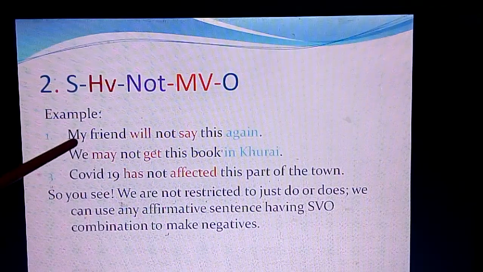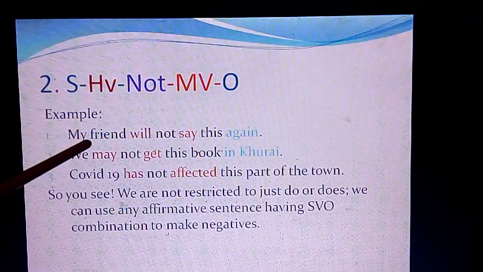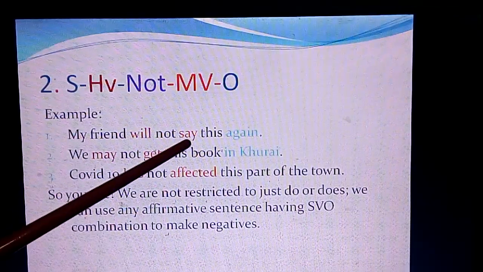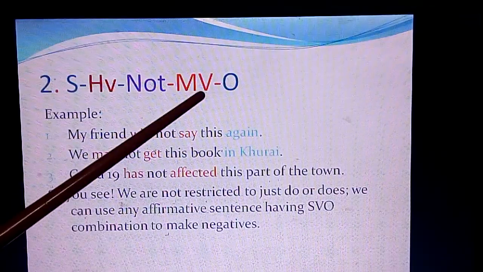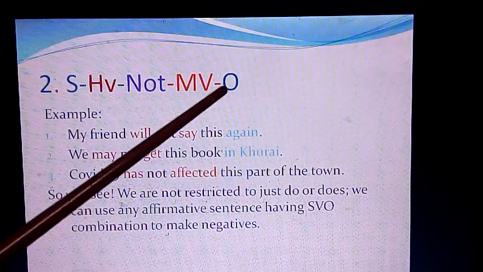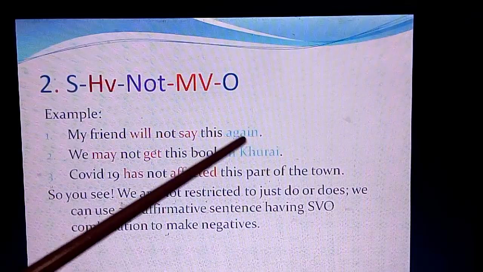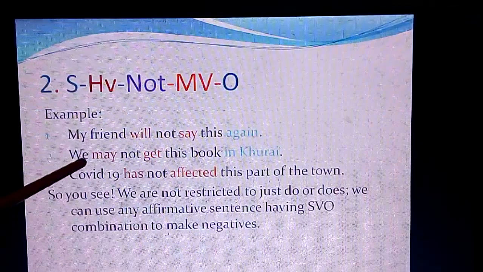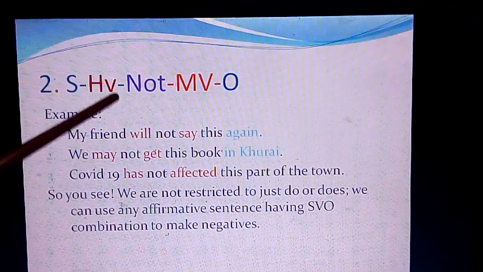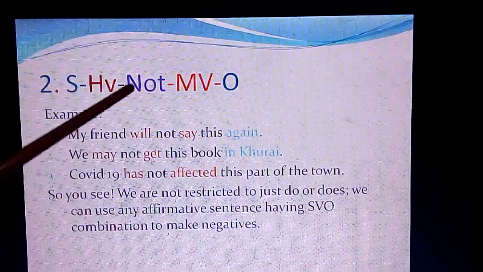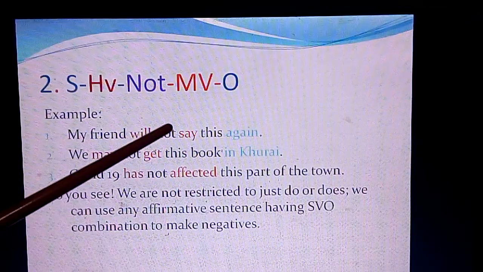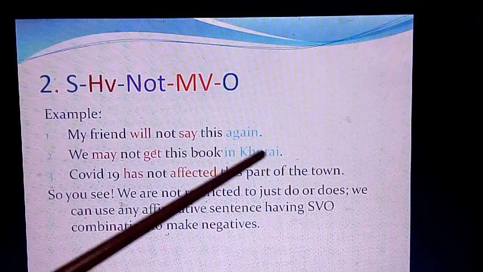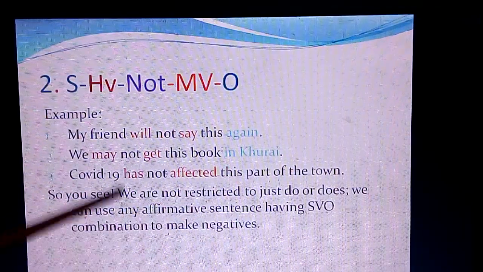So the first example, my friend, subject, will, helping verb, not, then say, main verb, this, object, again, elaboration, adverb. So we, subject, may, helping verb, not, get, main verb, this book, object, where we will not get, place. So the Korea sentence is incorrect.